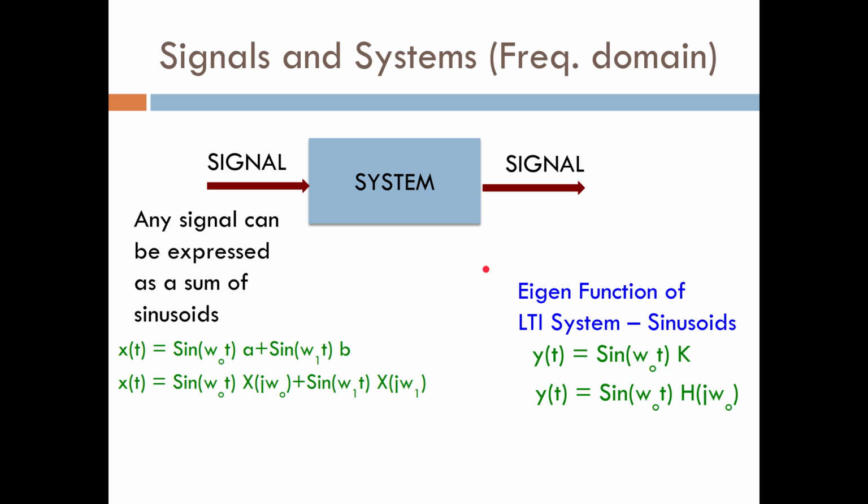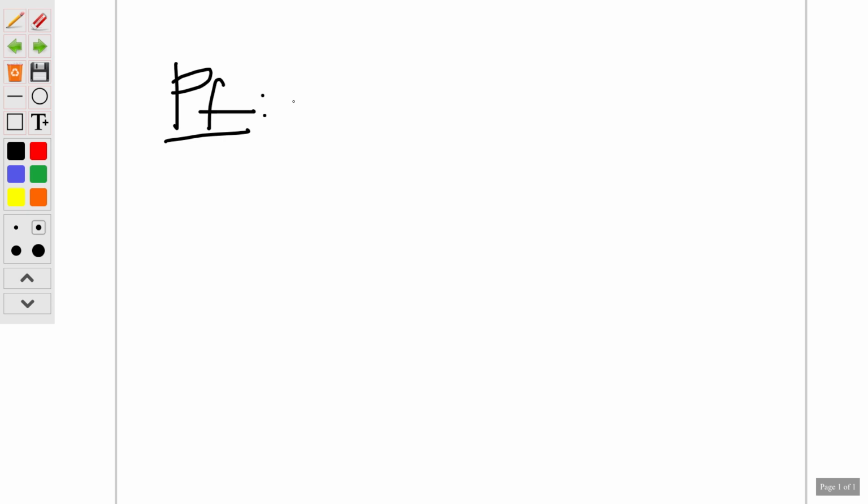Let's look at the frequency domain of a system. Any signal can be expressed as a sum of sinusoids. This basically means that complex exponentials form a basis set for all signals. Also, they are eigenfunctions of LTI systems. Let's prove this property now.